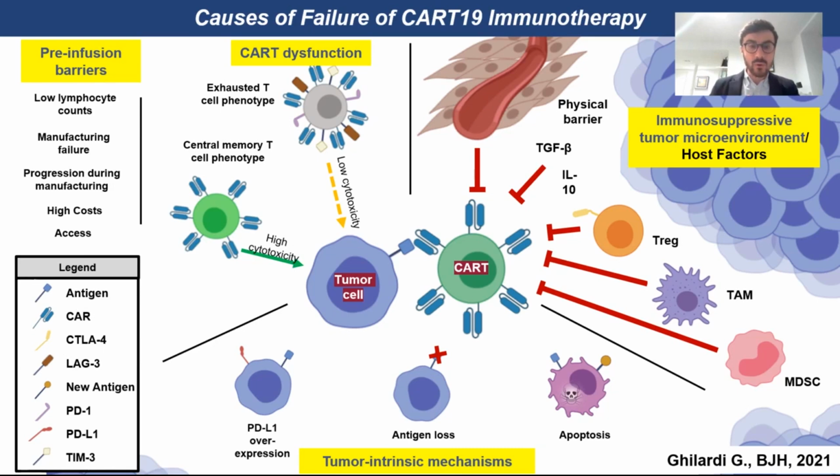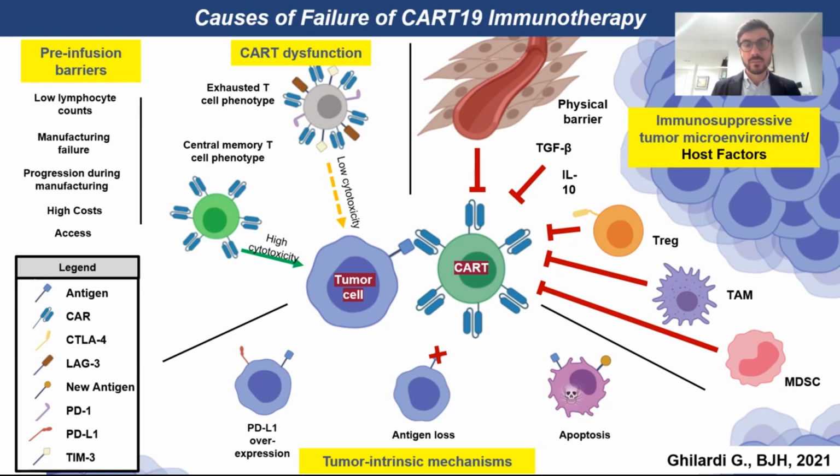And lastly, I want to mention tumor intrinsic mechanism. So in other words, tumor cells evolve under the pressure of CAR T cells and develop mechanism to resist to CAR T cell killing. Probably the most famous one is the loss of CD19 on the surface of the tumor cells upon selective pressure of CAR-19.